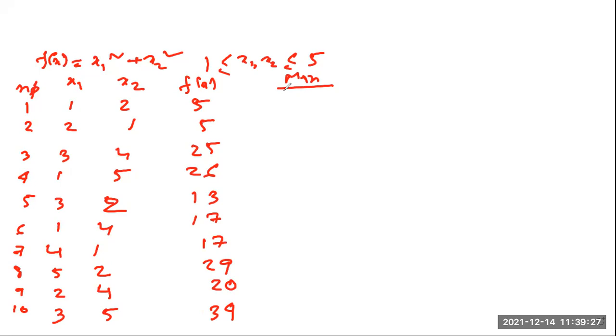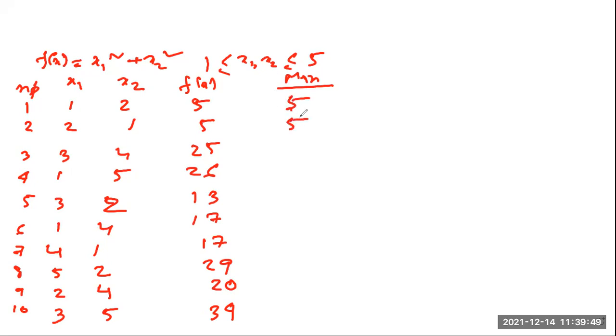What is your answer? For a minimization problem, minimization means you are trying to minimize it, so you need to pick up the minimum value. That means it should be in ascending order. So we should arrange in ascending order.